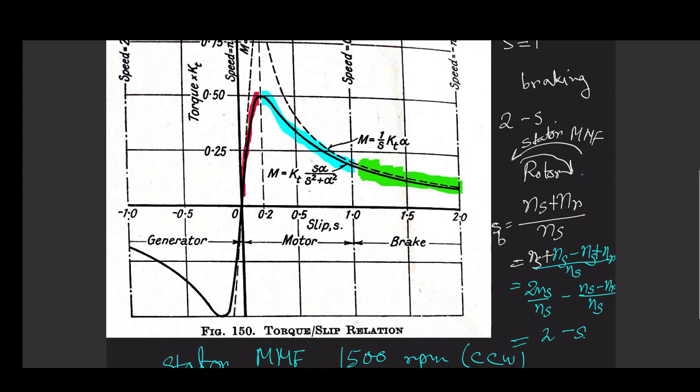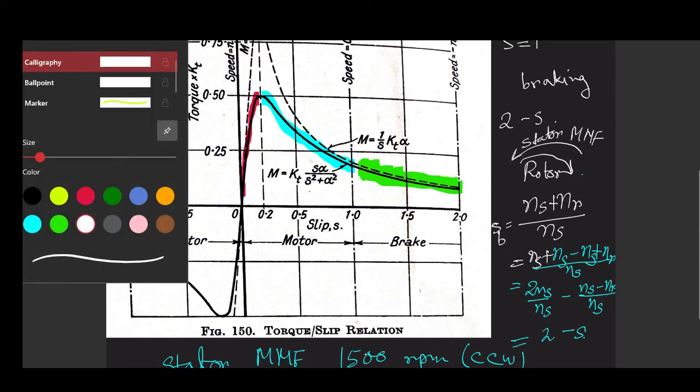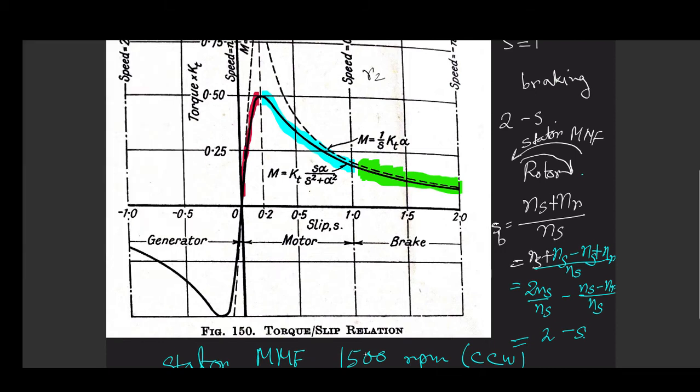Now see, in this region our machine is in braking mode. What if we exceed this terminal value, that is, if we make R2 greater than X2, then what would happen? In this motoring mode we will not get the maximum torque.